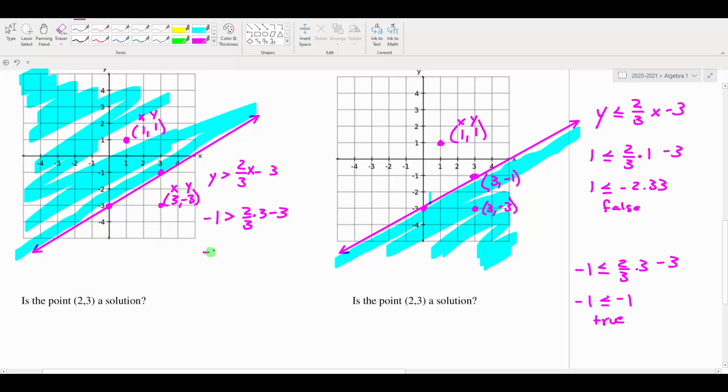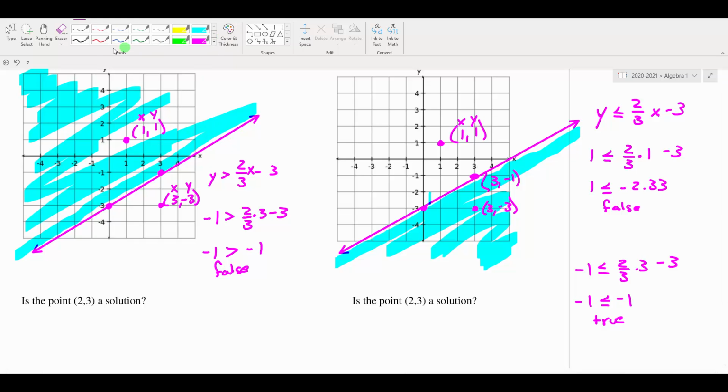I'm going to evaluate just like I did over here. We get -1 again, and then we ask ourselves, is this a true statement? Is -1 greater than -1? Well, no, it's not. It's equal to it, but it's not greater than it. So this is false, and what this tells me is that the points on the line are not solutions.